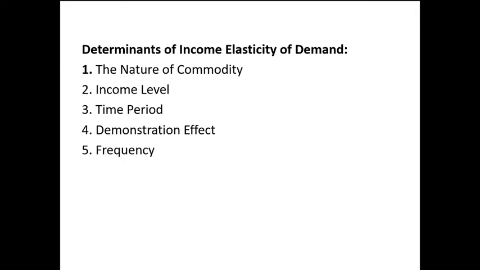This is the demonstration effect. Then the last one is frequency. Frequency and income relation is always direct. Frequency is high where income is high. If income is less, definitely frequency is less. So these are the five important determinants of income elasticity of demand.